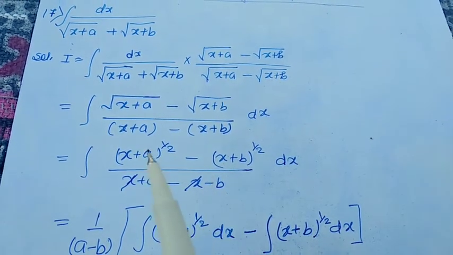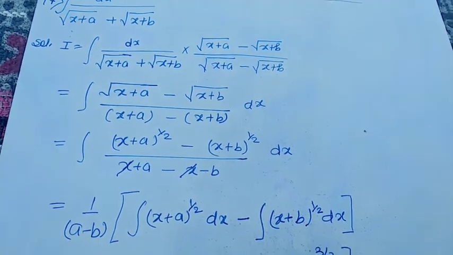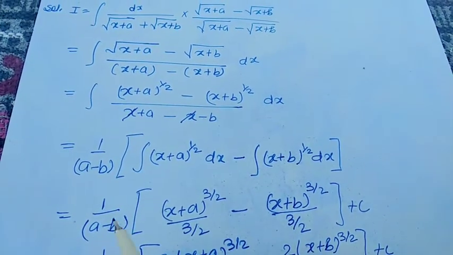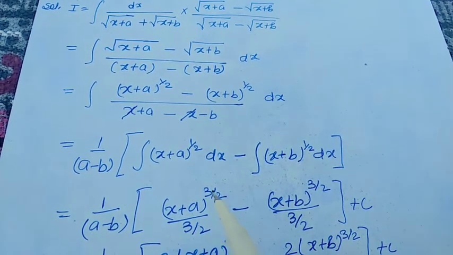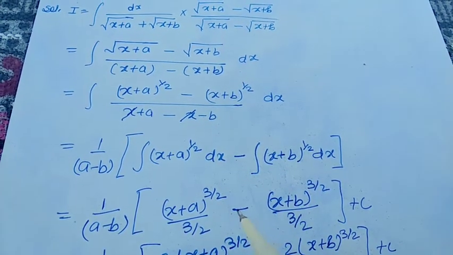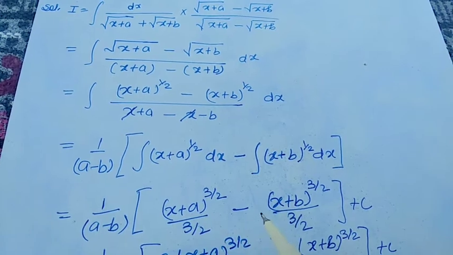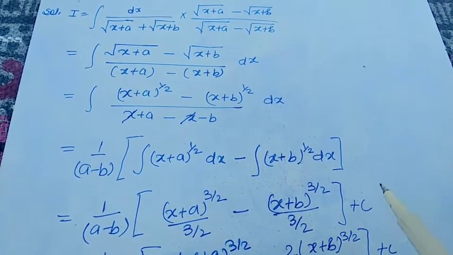So we have just written both the terms individually, and we have individually integrated them. So it will be 1 upon (a minus b) into (x plus a) whole raised to the power 3 upon 2 upon 3 upon 2 minus (x plus b) whole raised to the power 3 upon 2 upon 3 upon 2 plus c.